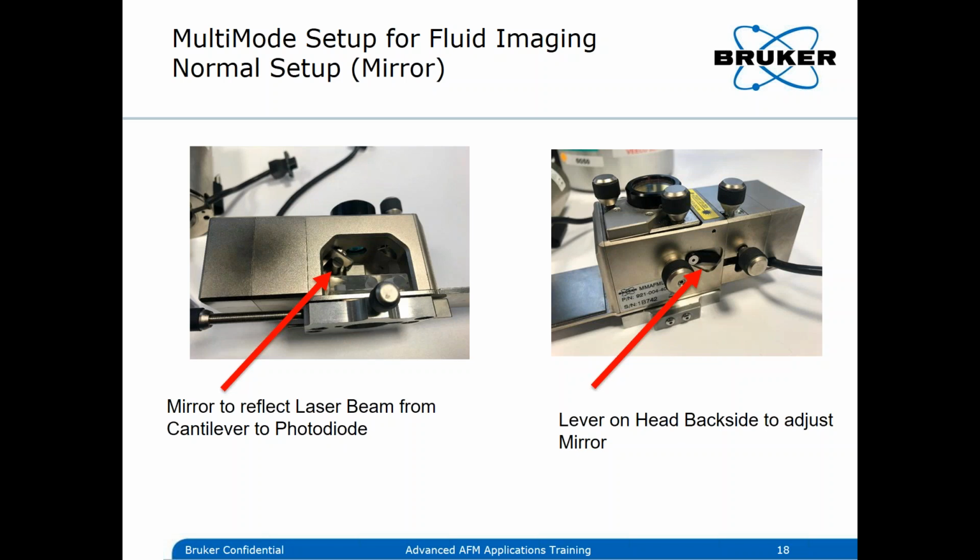If you use the sealed system, then you have to slowly fill in the water from the side. Also, when you put on the O-ring and you're just 20 microns away from the surface, everything should be fine. And be aware again and check for air bubbles, because then you cannot put a droplet of water on your cantilever if you fill it up from the side. Otherwise, the O-ring will not be tight.